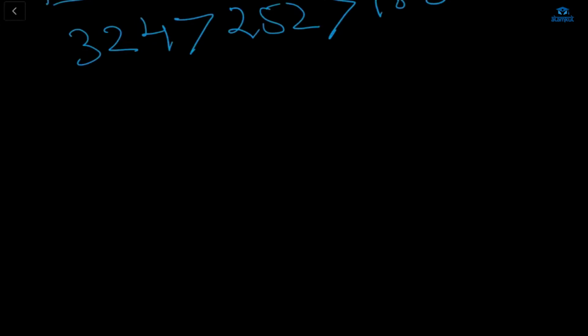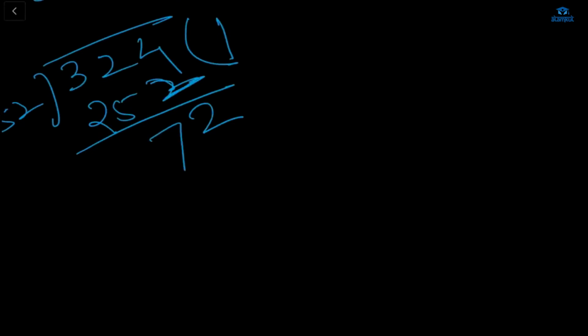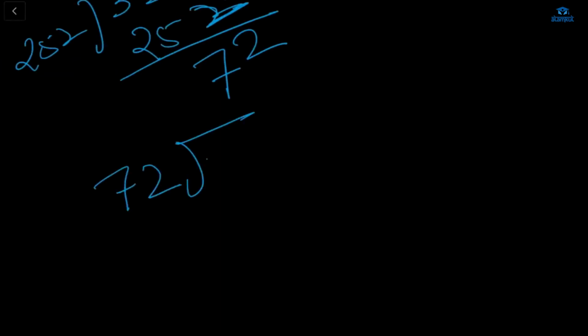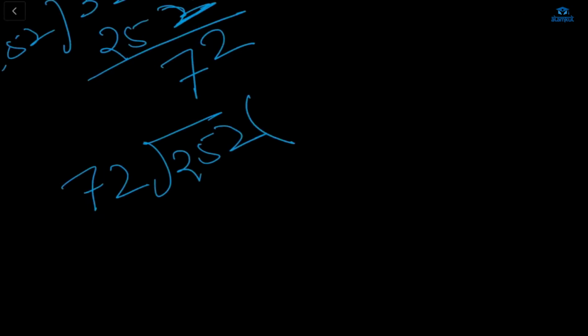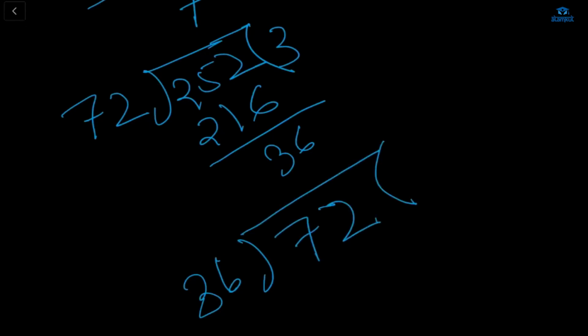So if you apply Euclid's division algorithm on 324 and 252, you divide, and the remainder will be 72. Now the next pair is 72 and 252. Here it will be 3 times 216, and the new remainder will be 36. Then you apply the algorithm again on the new remainder and 72, and here it will be completely divided.